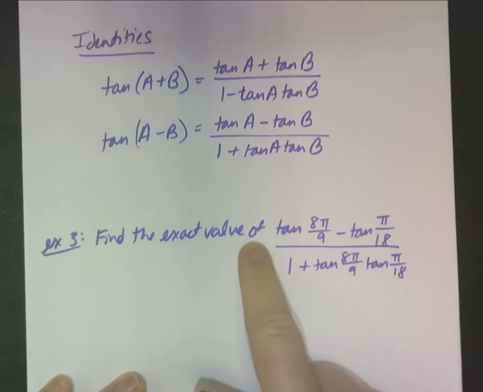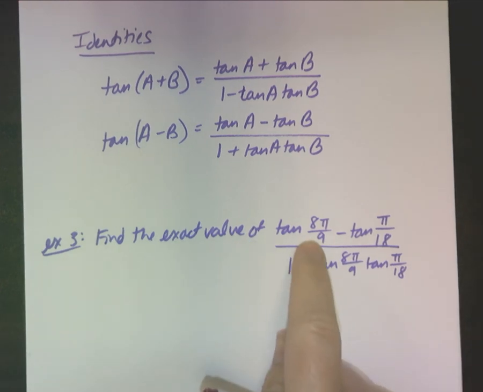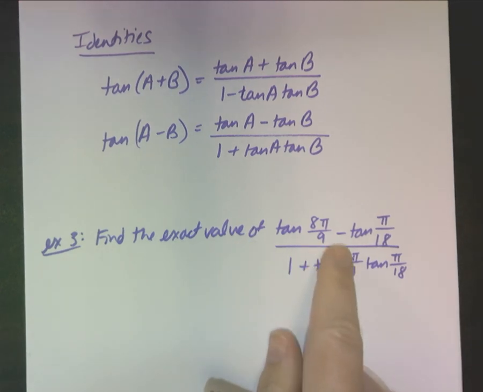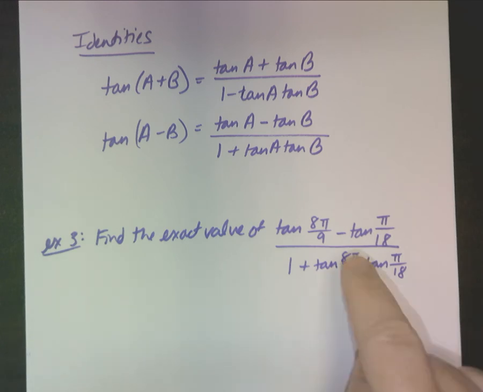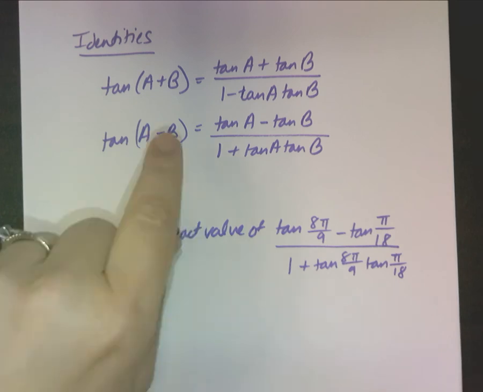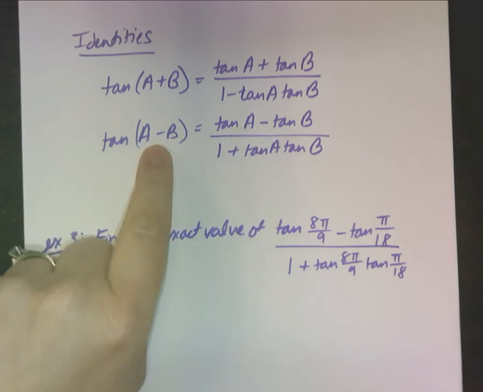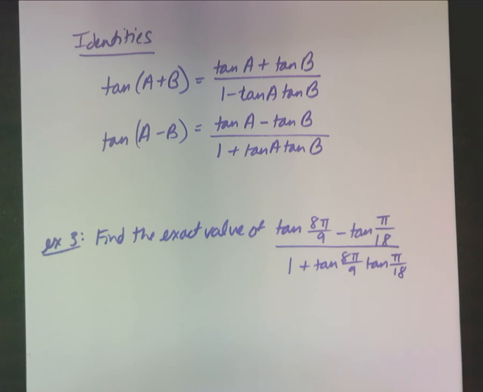So find the exact value of tan of 8 pi over 9 minus tan of pi over 18 divided by 1 plus tan of 8 pi over 9 tan pi over 18. So looks like if it's minus on top, they're using the minus formula, okay? So then what's my A and what's my B?